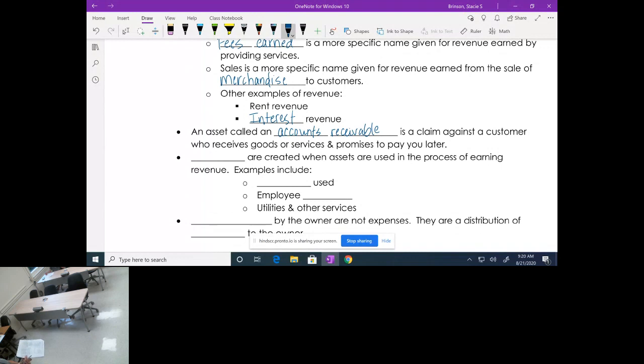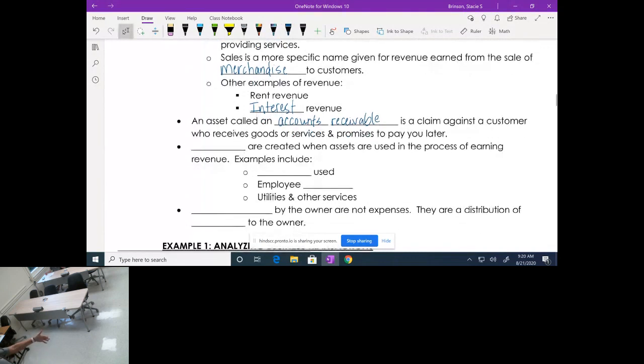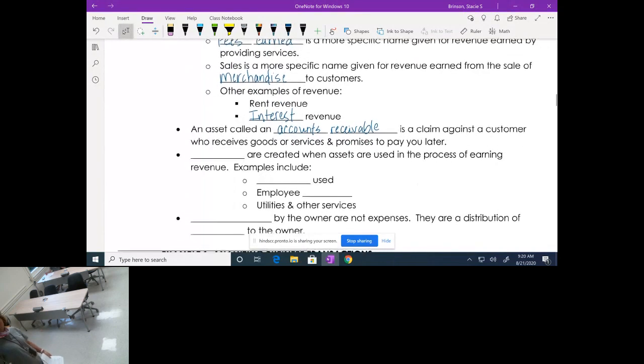That's an accounts receivable. They have gotten what they're going to get from you, and that means the transaction is complete as far as they've gotten something and you have a promise that they're going to pay you. And that is when revenue is earned.